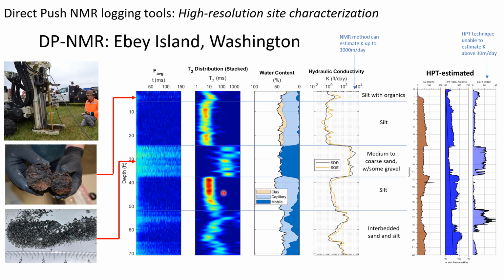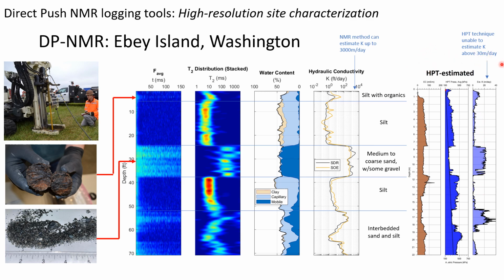And the important thing to mention here is that the NMR measurement can provide the estimation of the hydraulic conductivity up to 3,000 meters per day. And this is something that regular HPT tools are not capable of doing. So the limitation of the HPT technique is about 30 meters per day.